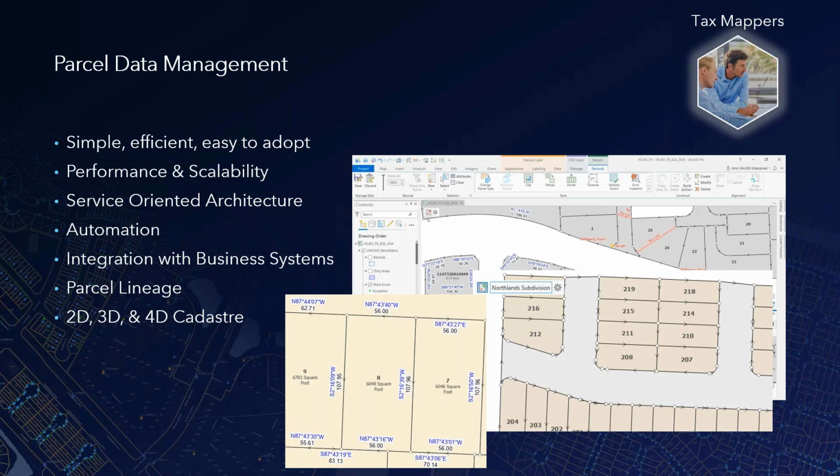GIS integrates with multiple business systems, with registration and CAMA systems, document management, billing, ERPs. And the aim here is to really reduce that redundant data entry and to make sure that the GIS that you're using to visualize and get spatial insight into your business systems is always using the authoritative data.